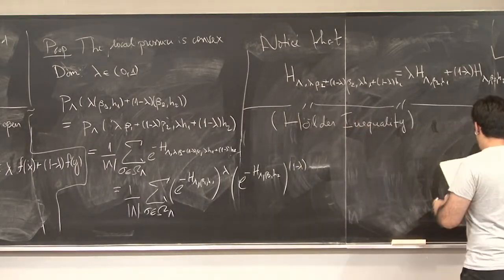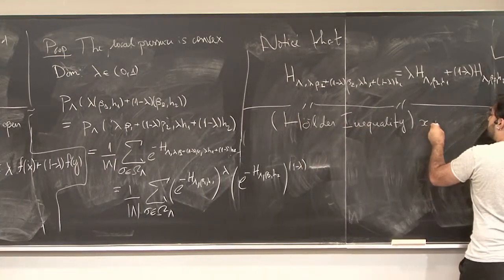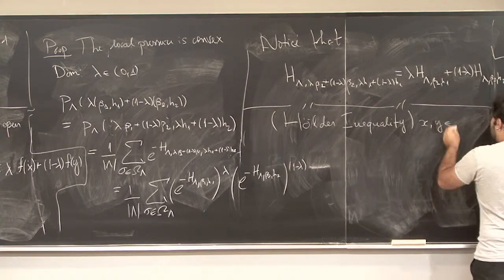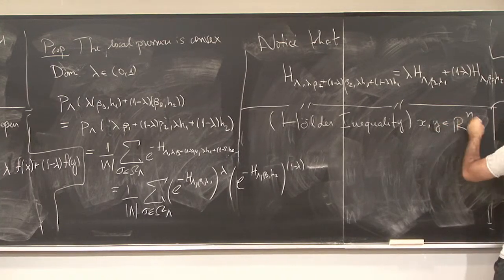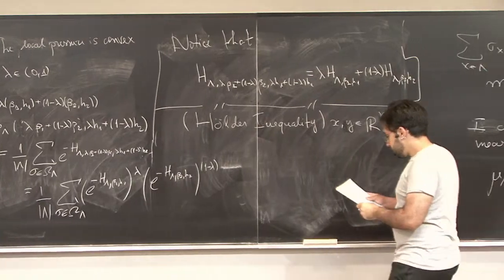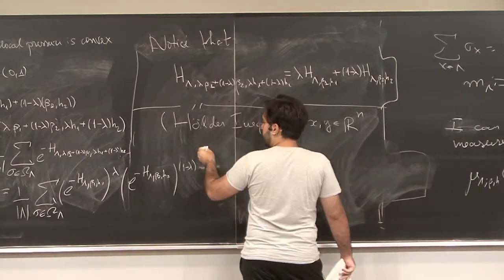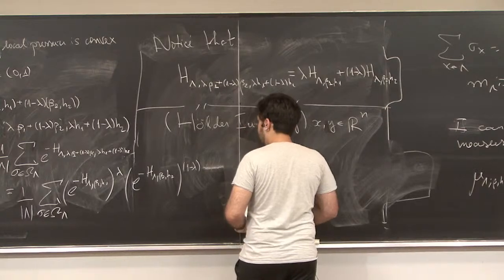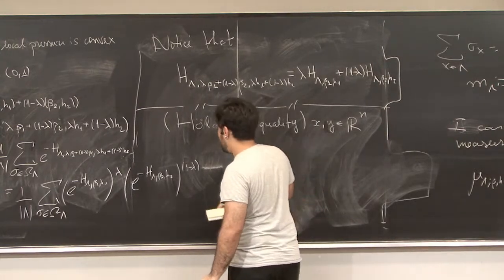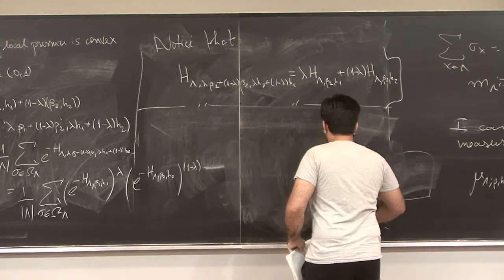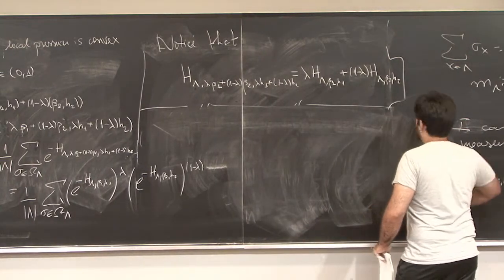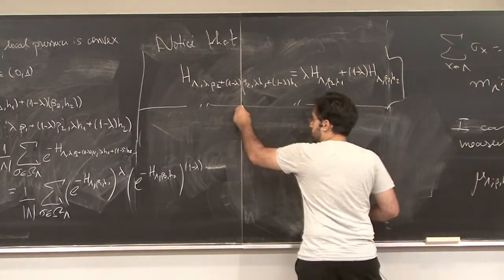What is the Holder inequality? If I let x and y be points in R^n, I will write it here.